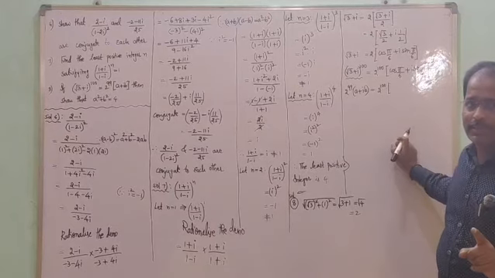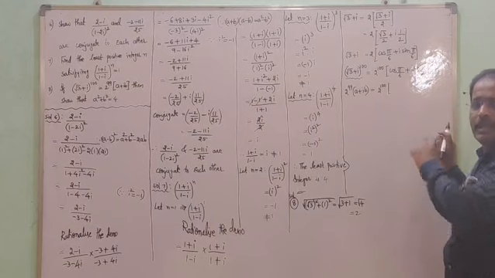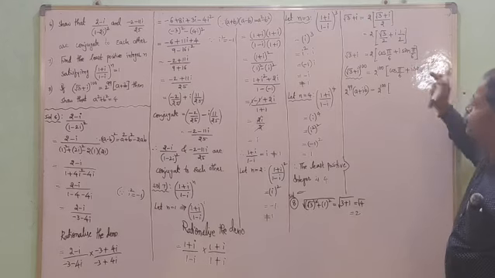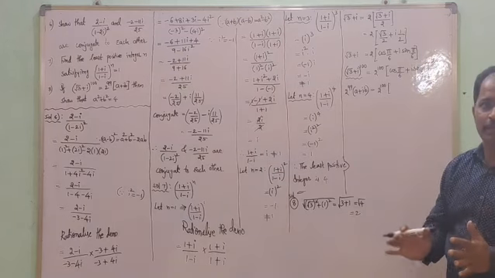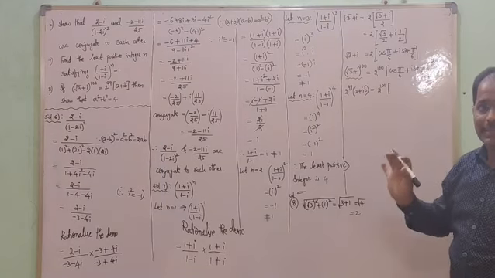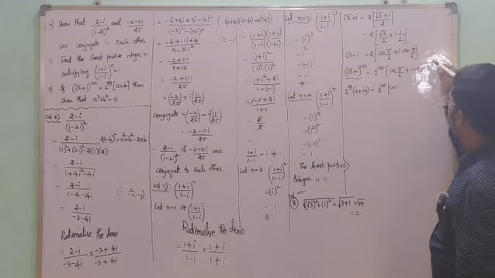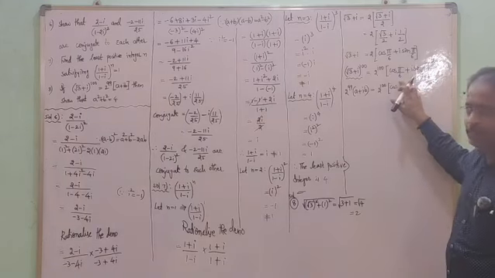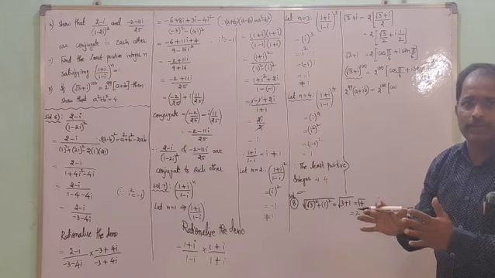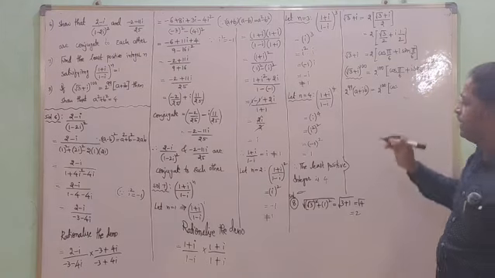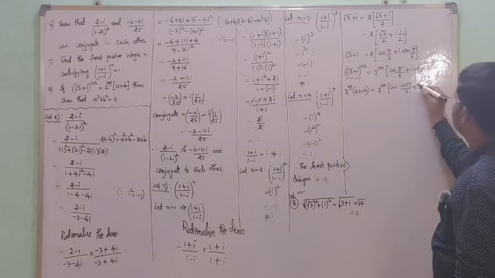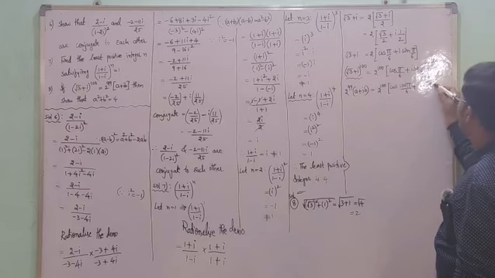Real part should be cos, imaginary part should be sin, then we can apply De Moivre's theorem. Applying De Moivre's theorem means multiplying the power with the angle. Here the power is 100 and the angle is π/6, so cos 100π/6 + i sin 100π/6.